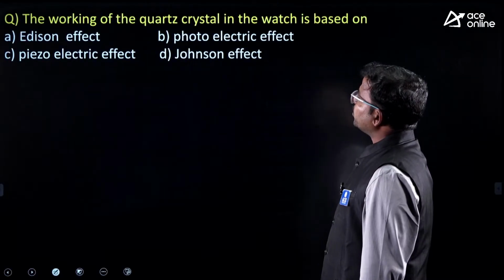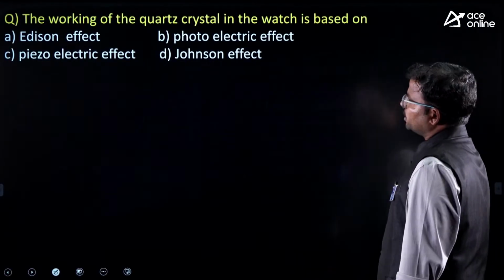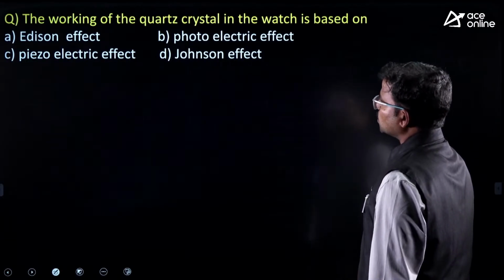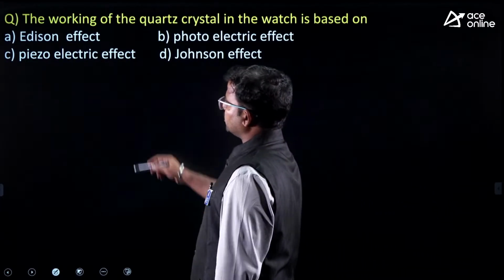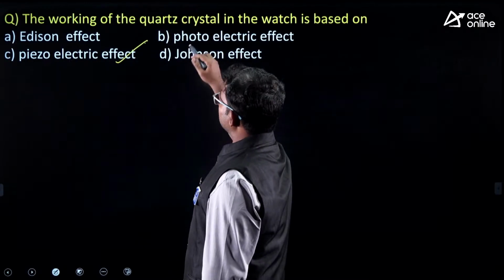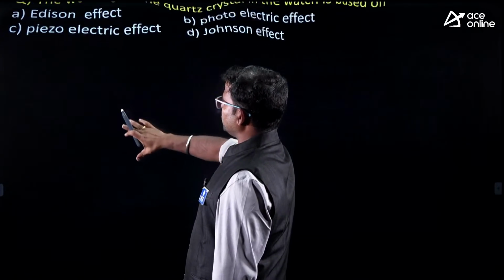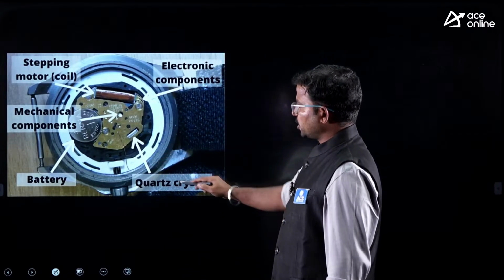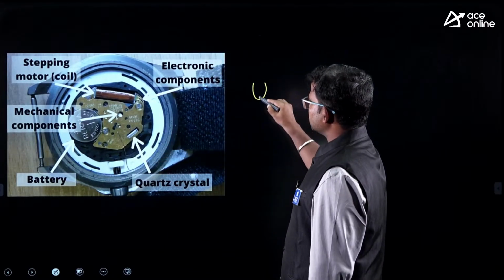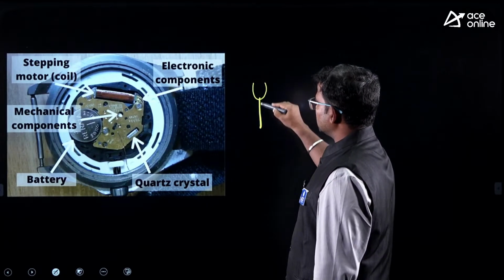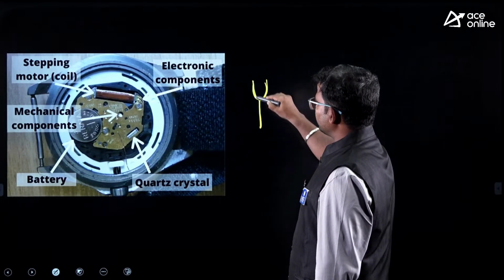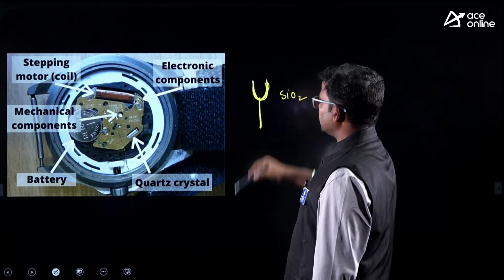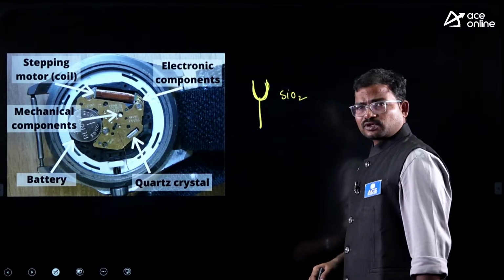Next, the working of quartz crystal in the watch is based on the Edison effect, photoelectric effect, piezoelectric effect, or Johnson effect. Yes, the piezoelectric effect is the correct answer. Why? Because in quartz watches, we have quartz in the form of SiO2, and its shape is just like a tuning fork.